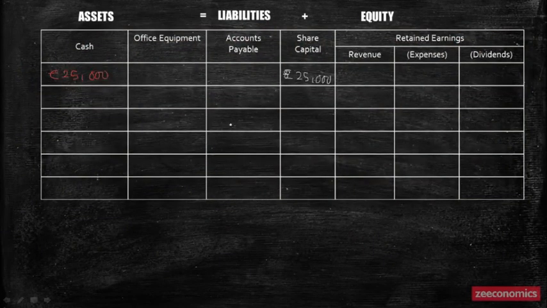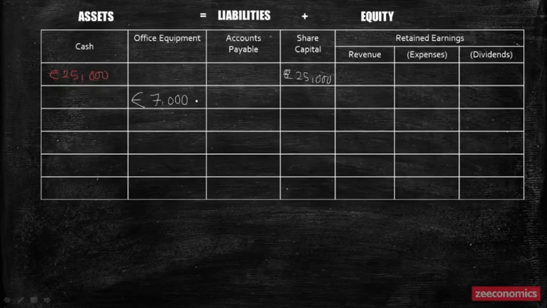They purchased office equipment for 7,000 euros. So you have to write it down in the office equipment column, 7,000 euro, followed by the liabilities, which in this case is the accounts payable. Notice that at first they are using their own money, so there is no liabilities just yet.